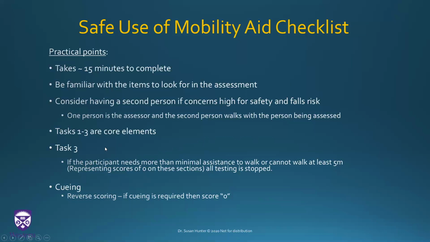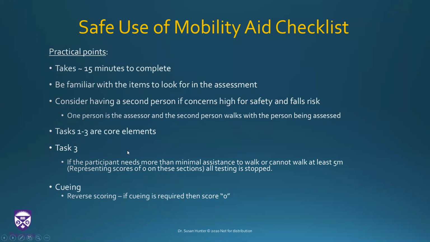Again, there are 9 tasks. Tasks 1 to 3 are considered core elements. That's to sit, to stand, turn and sit in a chair, and walking on a level surface. They are fundamental, and they can be performed for people across the entire disease severity spectrum.